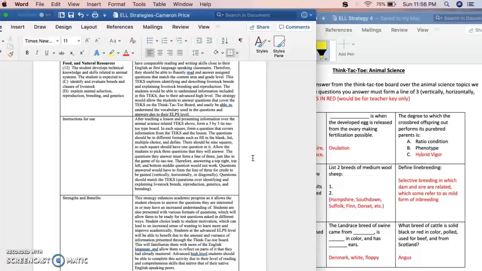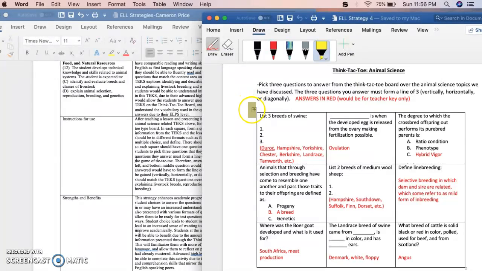For this strategy, my instructions are, after you teach a lesson over the breeds of livestock and animal breeding and reproduction, you need to form a 3x3 tic-tac-toe square, and in each square you can make a question or direction. In this case I did questions that go to your TEKS, and there should be 9 squares. The students pick 3 of the squares that they want to answer or do, and just like a game of tic-tac-toe, they have to pick 3 squares that make a line, diagonal, vertical, or horizontal, for credit.